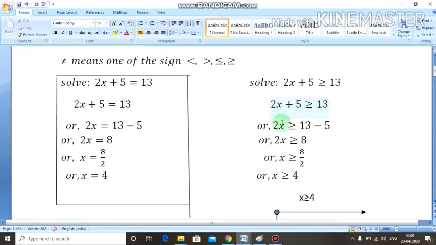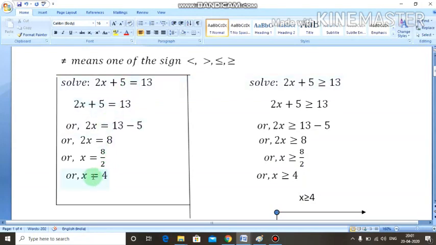To solve for x, we have to make x lonely on the left hand side. First move this 5 to the right hand side, then 13 minus 5. After that the process is basically the same as this one. Just instead of greater than or equal to, there is an equal sign.